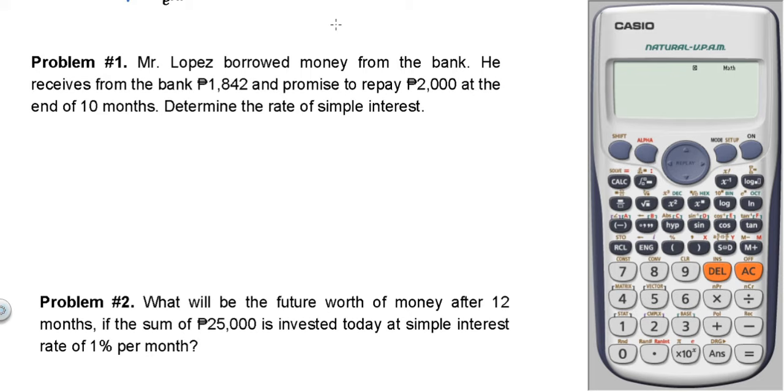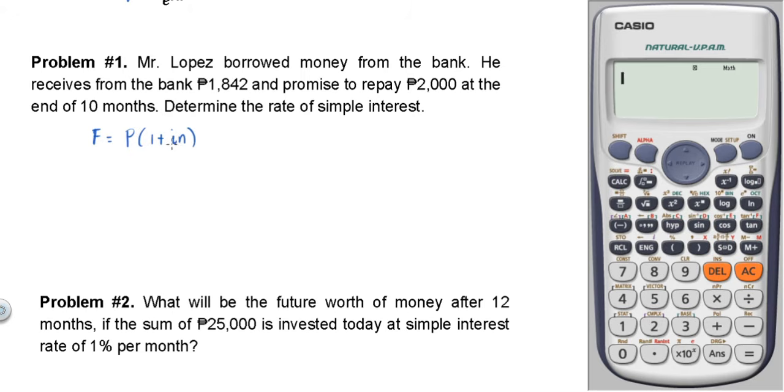So paano natin siya solve? So dapat alam mo yung formula. So, yung formula natin is F, or future amount, equals to the principal times quantity 1 plus iN, no? Yes.